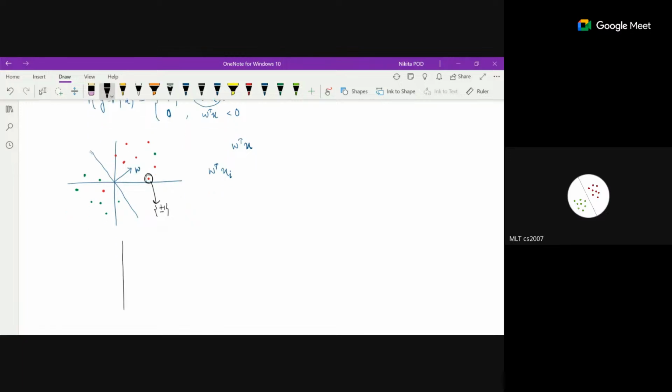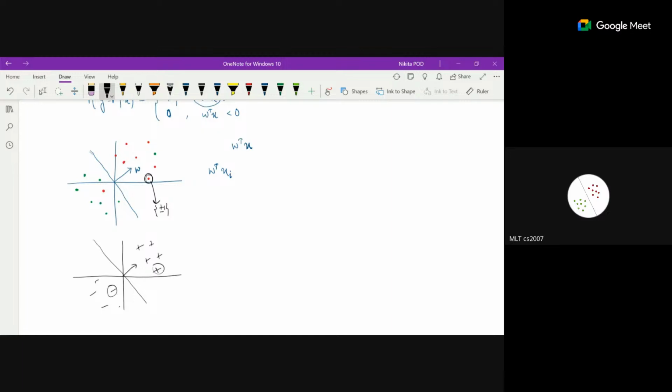This is not a linearly separable data set. So let's say I draw a linearly separable one: this is all plus, and this is all minus, with x1 and x2 as axes. Then any data point on this side I'm going to predict as +1, and anything on this side as -1.